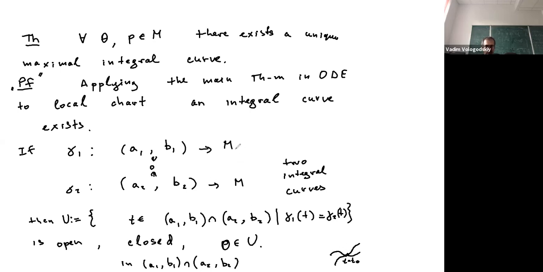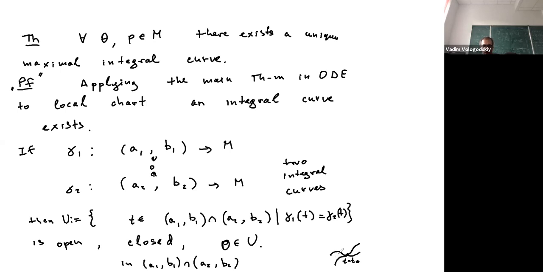For this, I can replace M by Rn, and then my assertion is the uniqueness property of solutions to ordinary differential equations. For every initial condition, there exists only one solution in the neighborhood. So this shows openness.